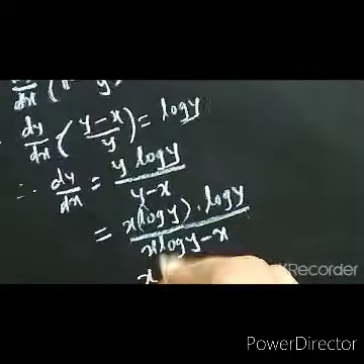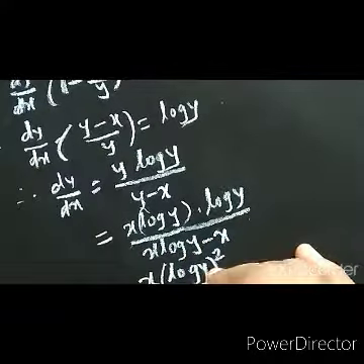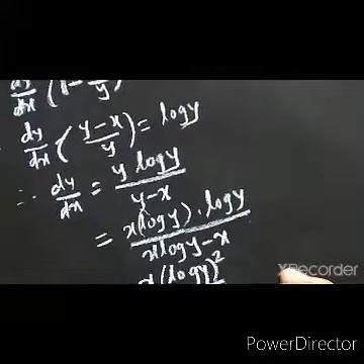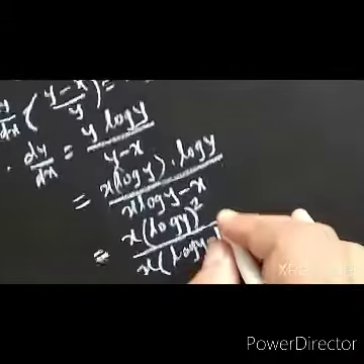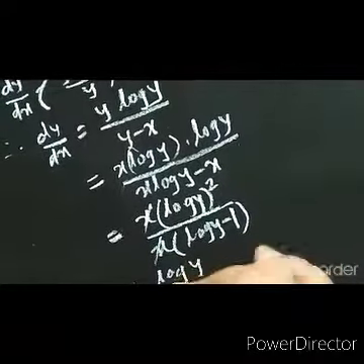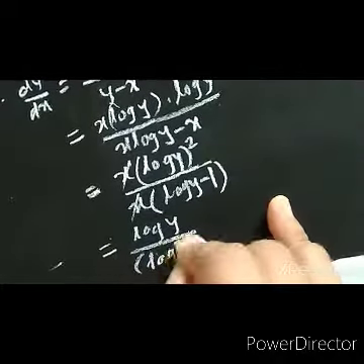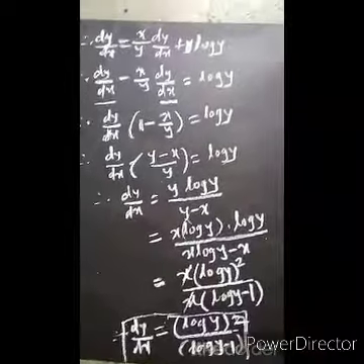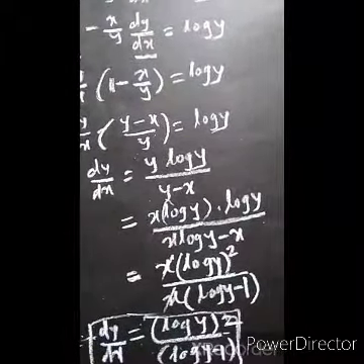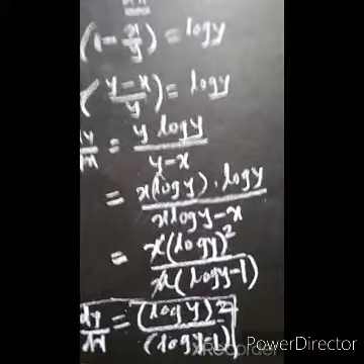So here x log y into log y is (log y) bracket square, or log y square. x is common upon x in bracket log y minus 1. So here x upon x gets cancelled and we got log y square upon log y minus 1. So here we got the derivative dy by dx is equal to (log y) complete bracket square upon log y minus 1. Hence proved.